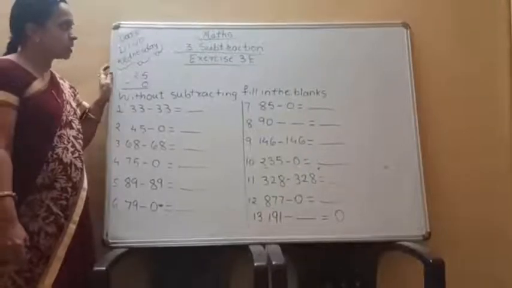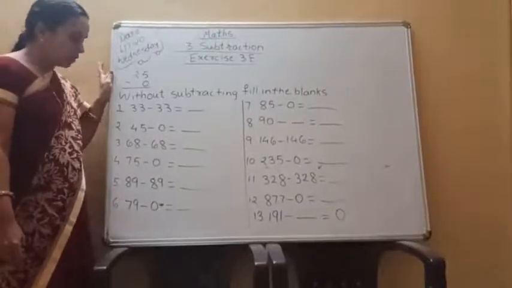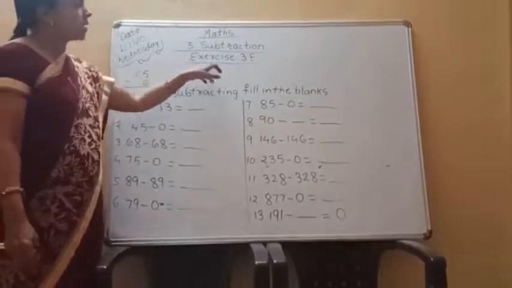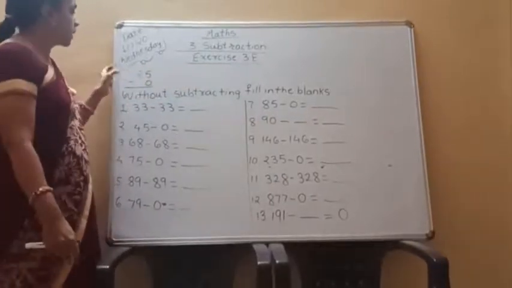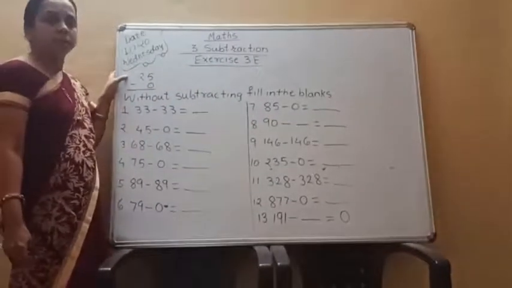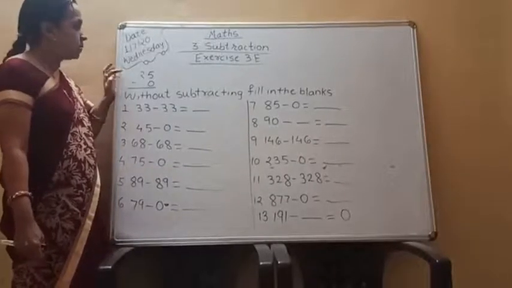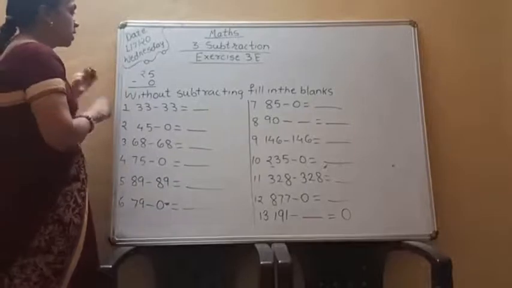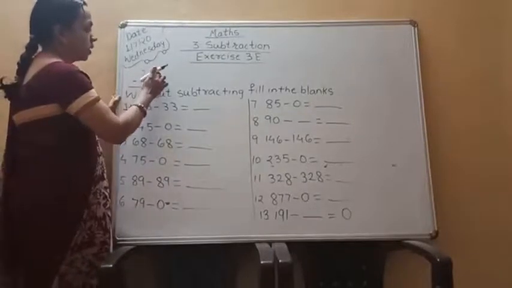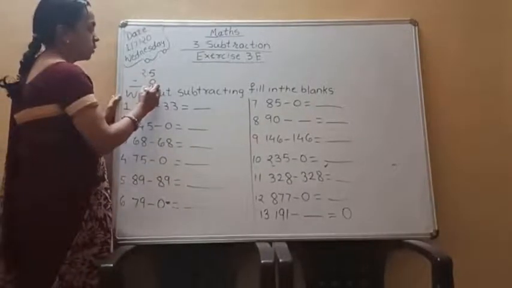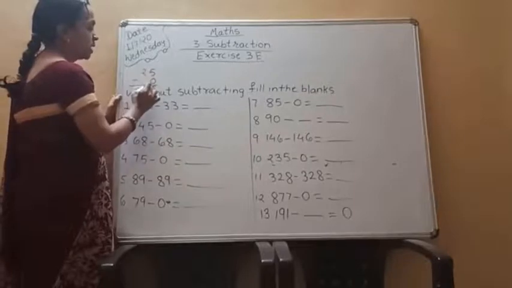Now see students, page number 41, exercise 3E. Suppose we subtract 0 from any number, the answer will be the same. Here, 25 minus 0: 5 minus 0 is 5, 2 minus nothing is 2.